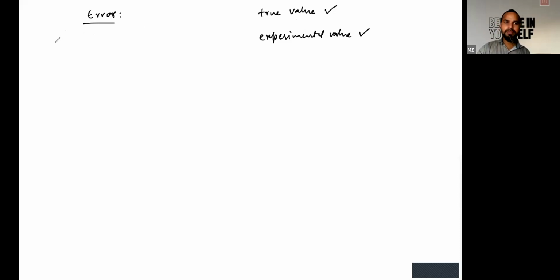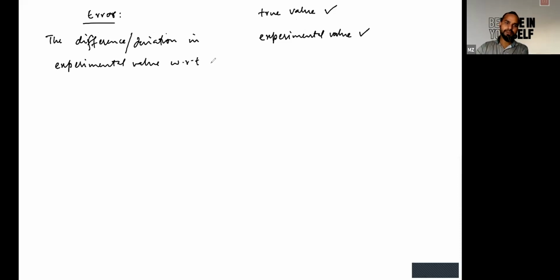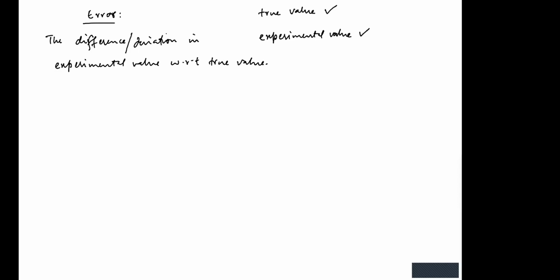So error is nothing but the difference or deviation in experimental value with respect to true value. Is it clear? Yes, sir.